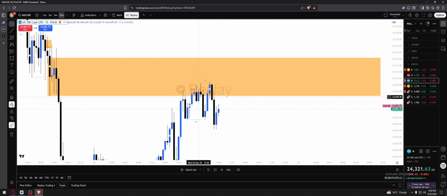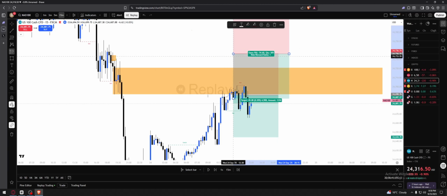You don't need the candle to be closed, you need only the price to push more than the previous candle did. So that's it. We enter right here.